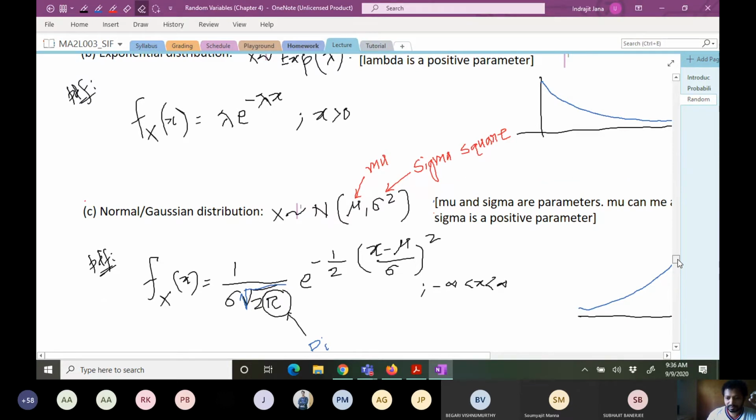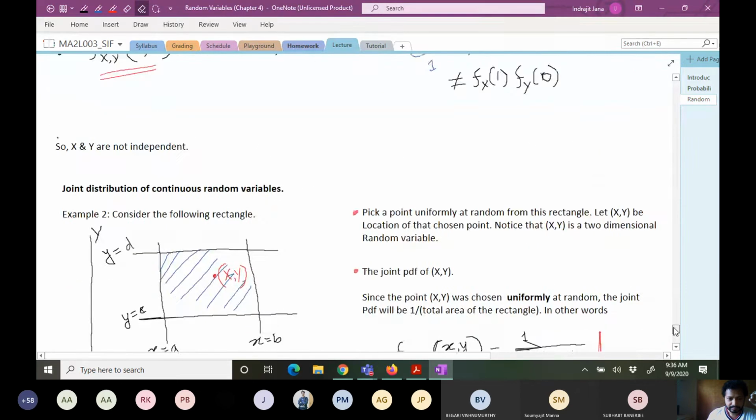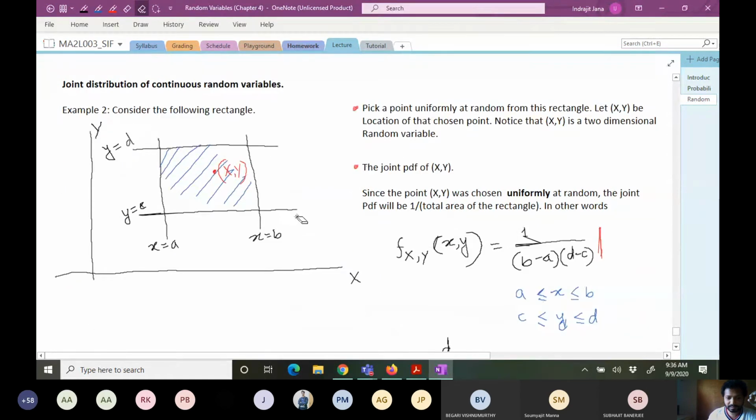So no matter whether it is on the diagonal or wherever, I think your concern is that if you take x and y on the diagonal, this b minus a becomes 0 or something. And this f_XY at (x,y) is not the probability.